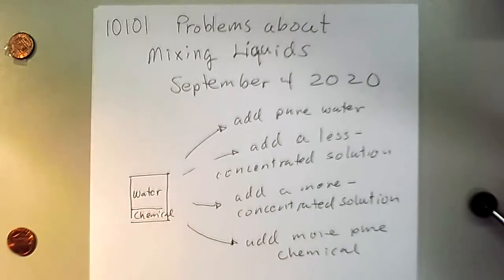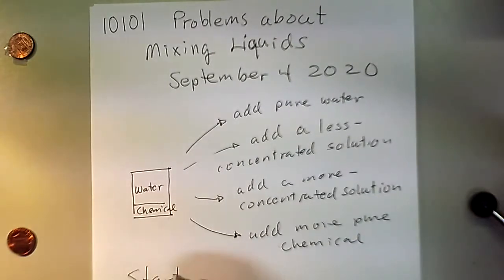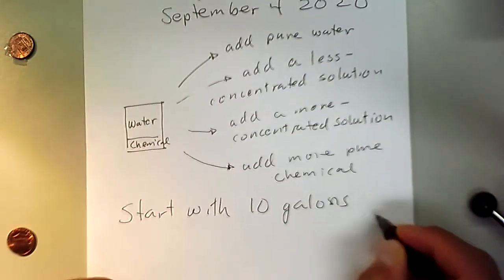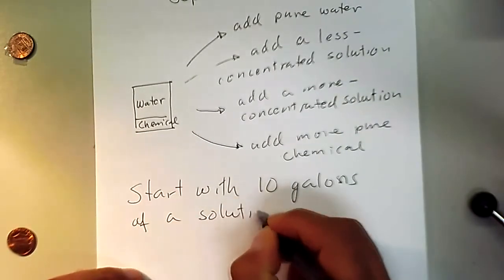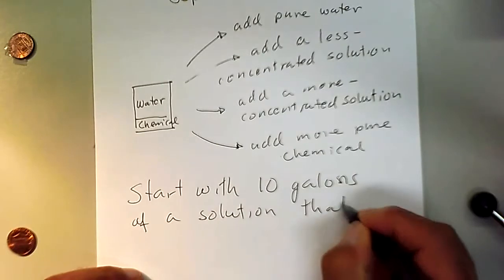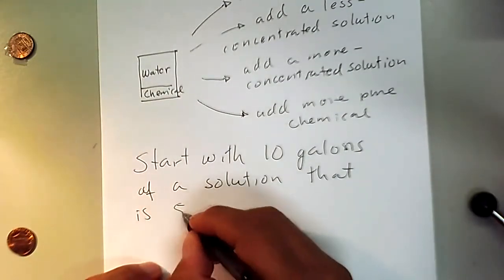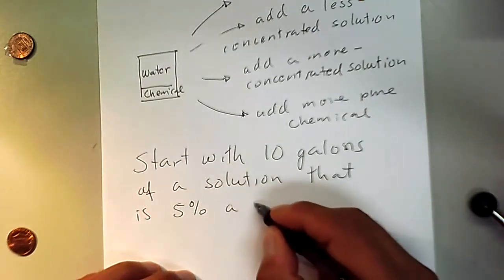Okay, so we're going to start with 10 gallons of a solution that is 5% a chemical. I'm just going to call it a generic chemical.